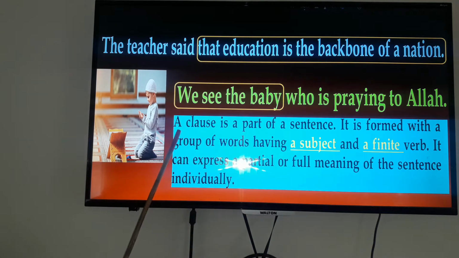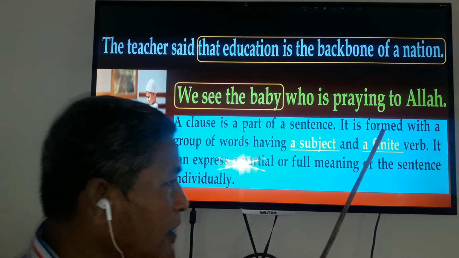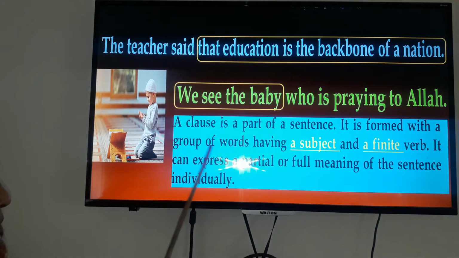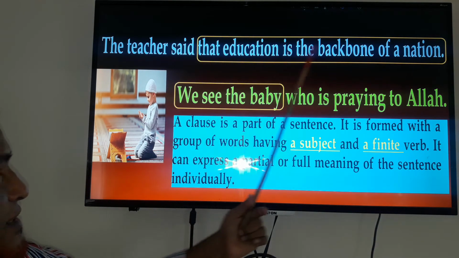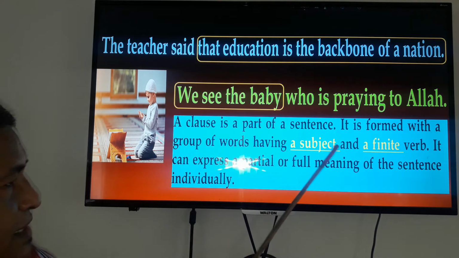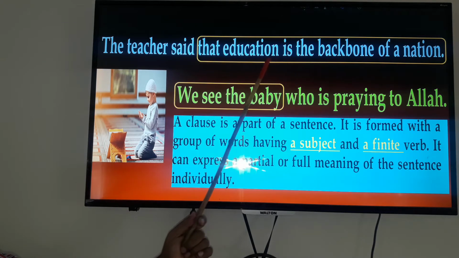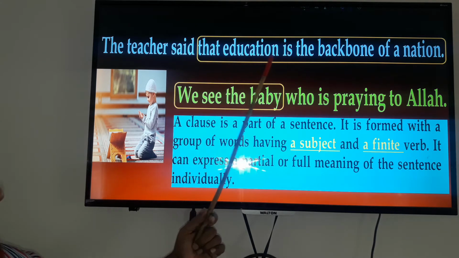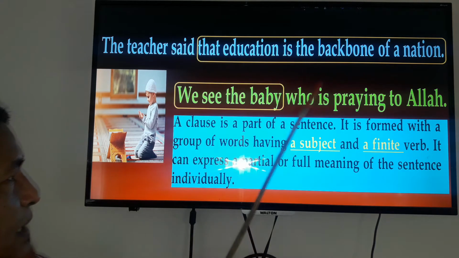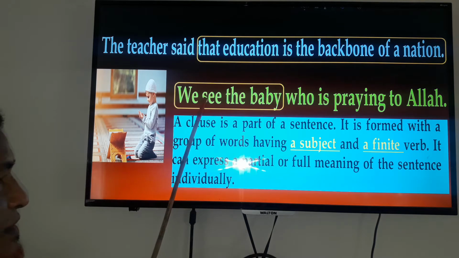We see again that a clause is a part of a sentence. It is formed with a group of words having a subject and a finite verb. In that part, the subject is education and is is the finite verb, and in this part we is the subject and see is the finite verb.